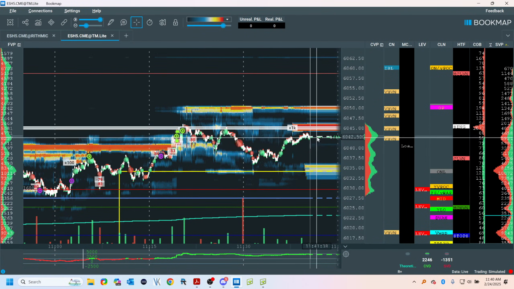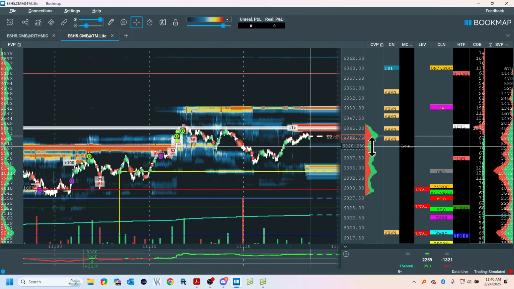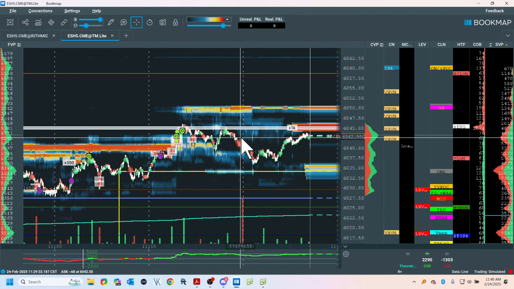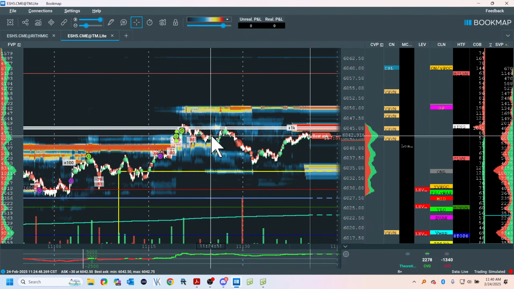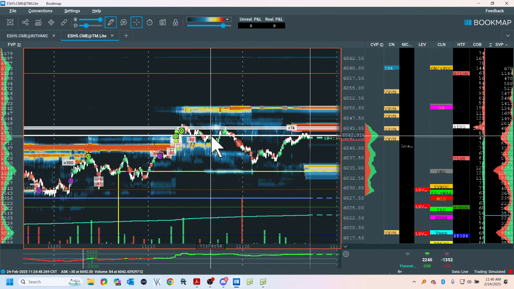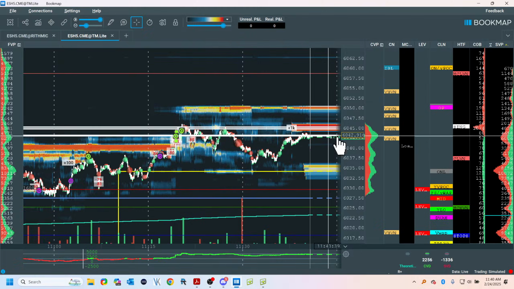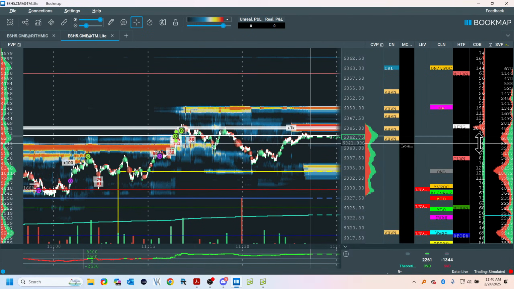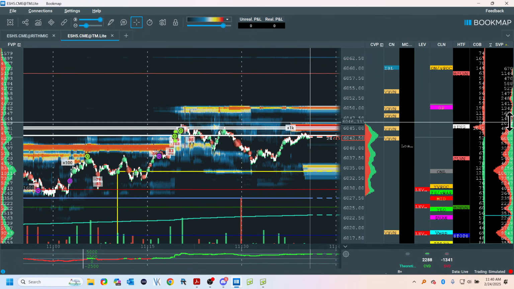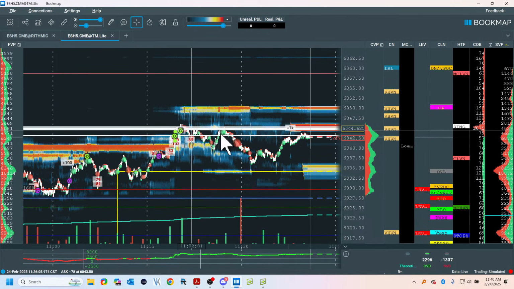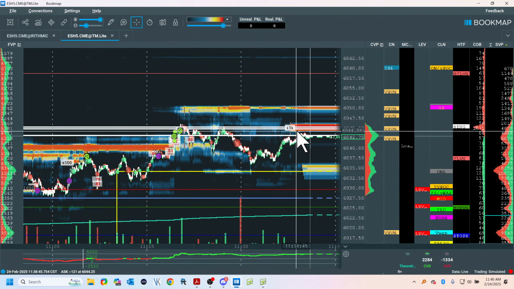And I'm looking at this. So I can use this structure, this volume, as potential resistance. And it shows up right there. And it's also in alignment with this one. But if I come above this, then I'm coming here. So we'll just watch it, okay? I hope that answers your question on how I use those.